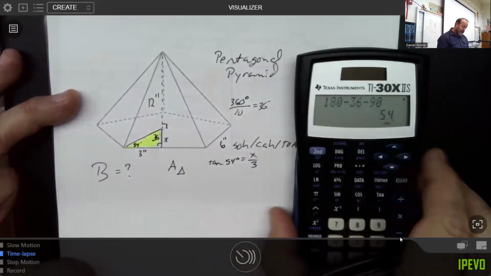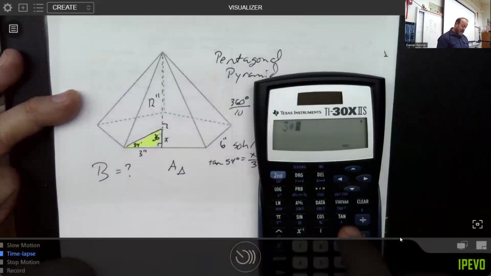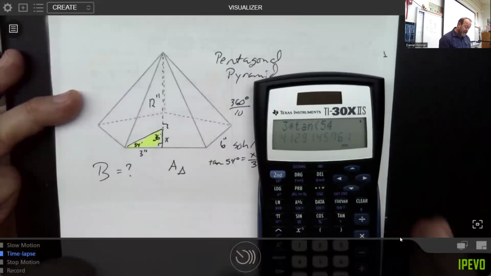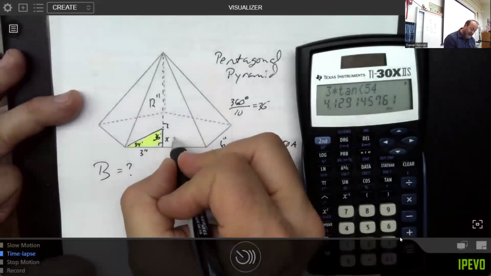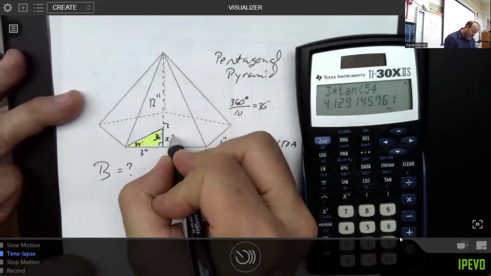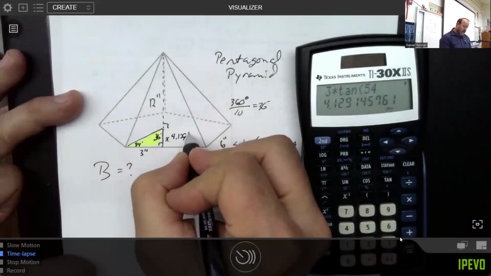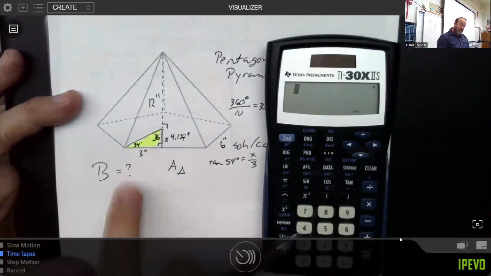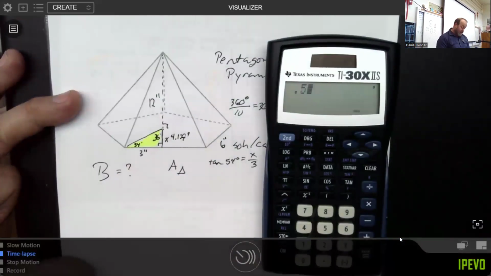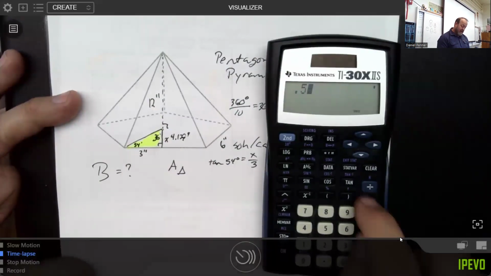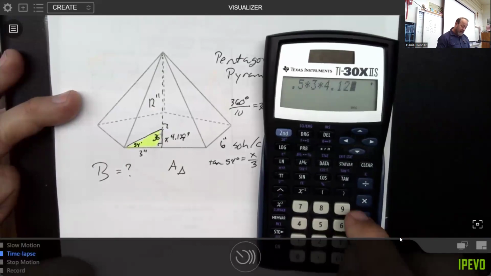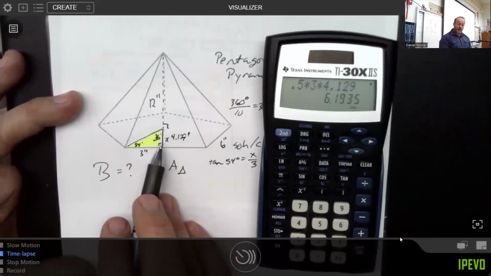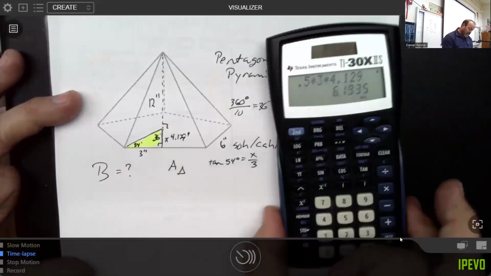So if I take 3 and multiply it by the tangent of 54, I would find that the height of this particular segment is 4.129 inches. That would mean that the area of this triangle is 1/2 the base 3 times the height 4.129. So the area of this particular triangle is 6.194.